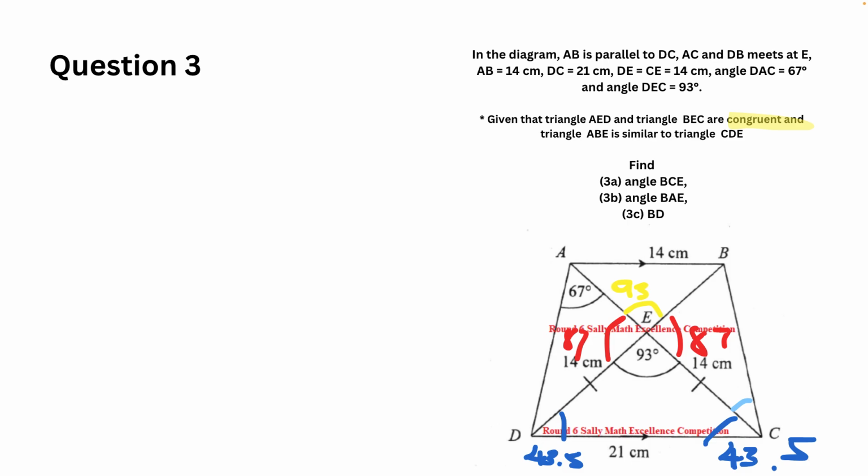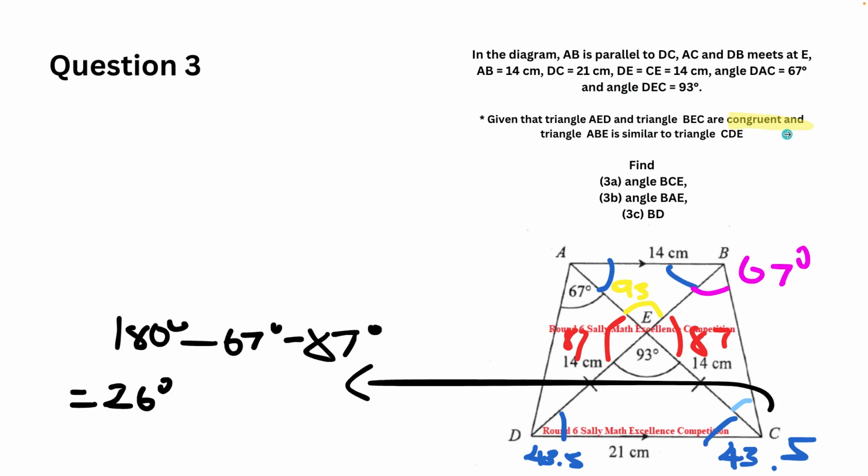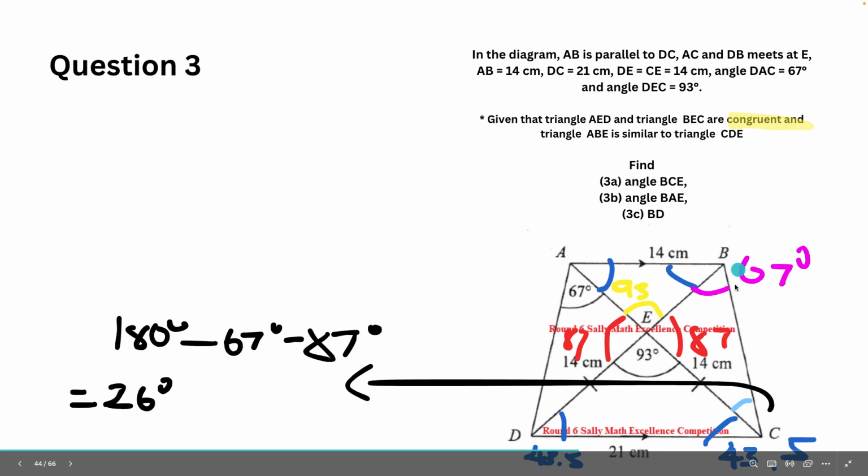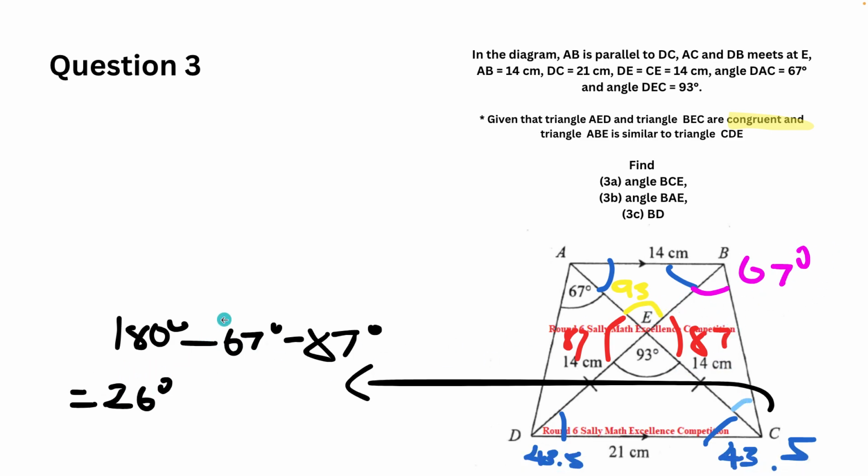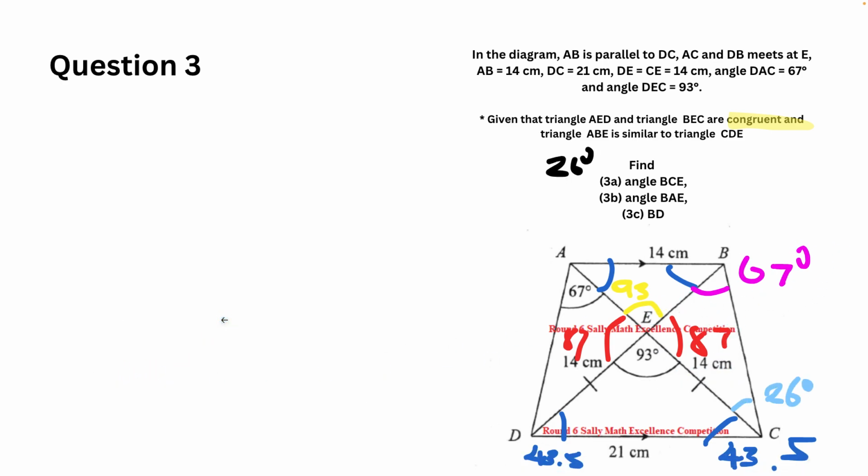And we know that triangle AED and triangle BEC are congruent, which means something like similar. So we can draw this, and this will also be 43.5. This angle will be 67, and as shown that triangle ABE is similar to triangle CDE, this angle is just 180 minus 67 minus 87, which is 26. So the first answer is 26 degrees.